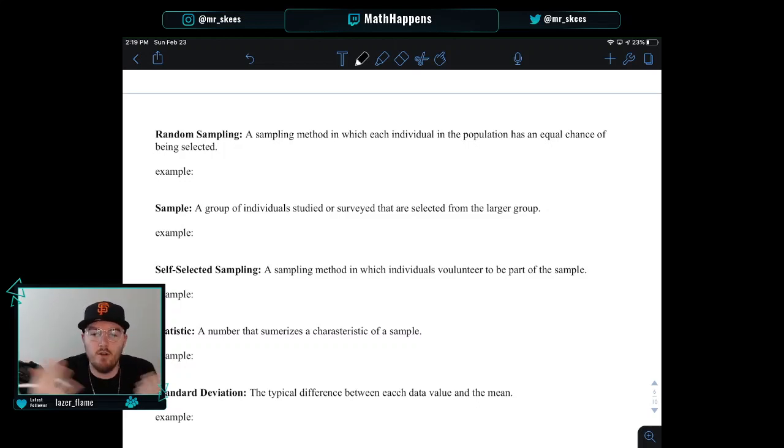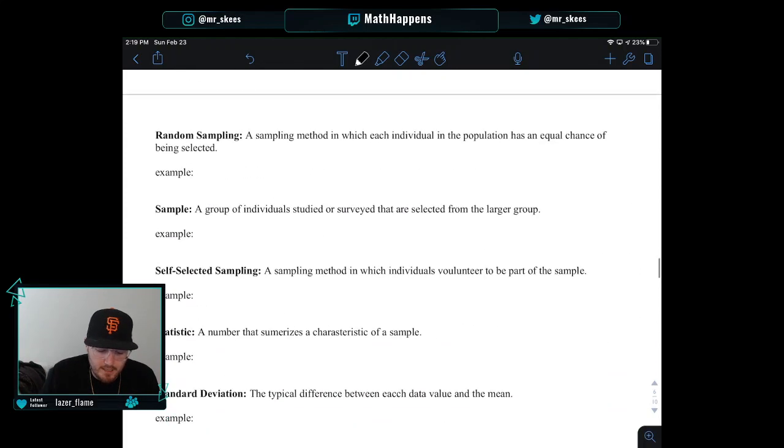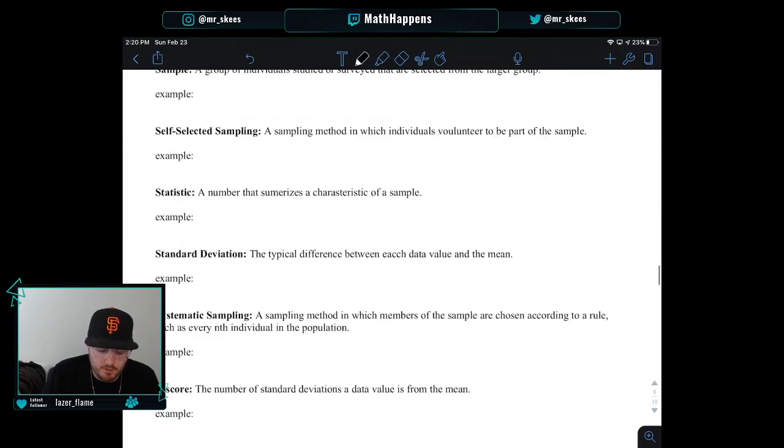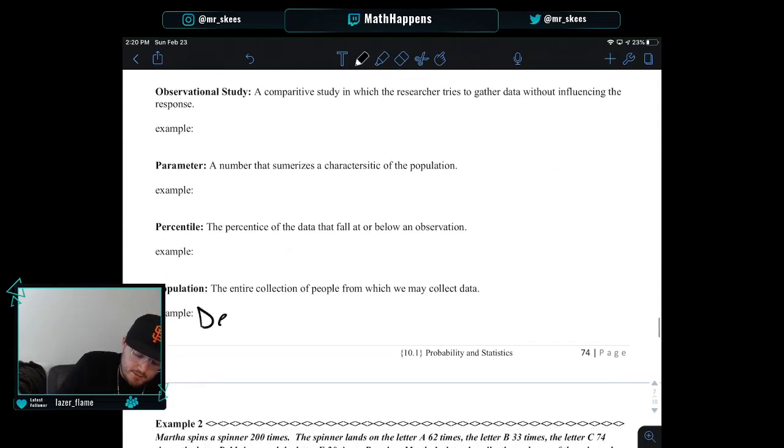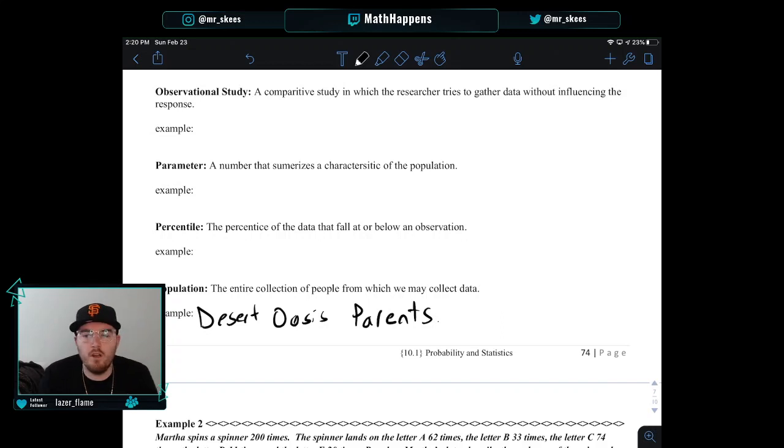So like Desert Oasis could be our population, but it would be quite difficult. Like how about we say Desert Oasis parents? As we know, every single parent has their own schedule, has a different job. Do they work night? Do they work day?